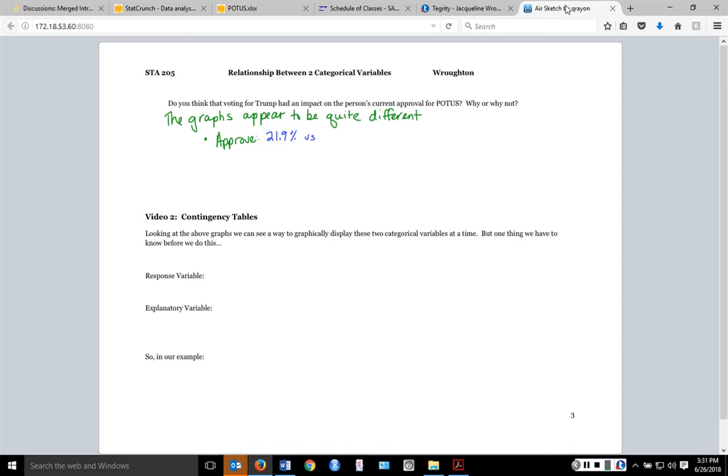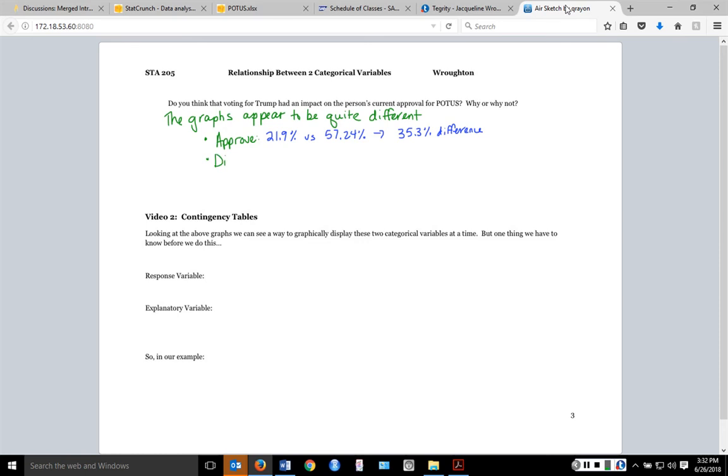And for those that did vote for Trump, we had 57.24% approve. If I look at that difference, that's about a 35.3% difference here. So that's a pretty substantial difference in the sizes of those pieces of the pie.